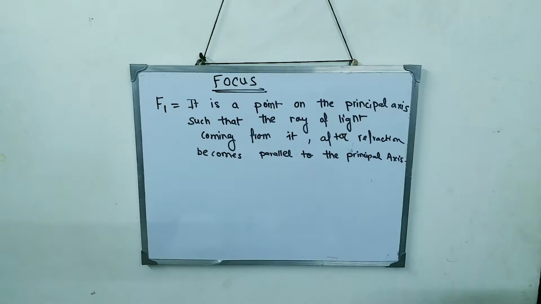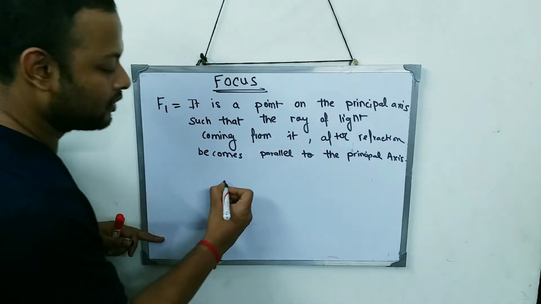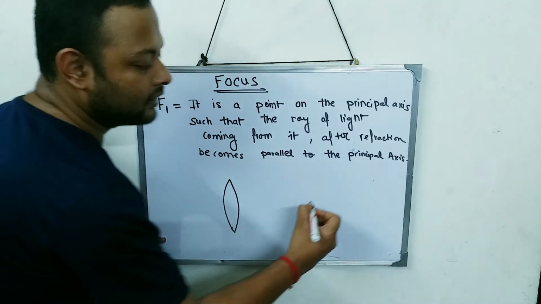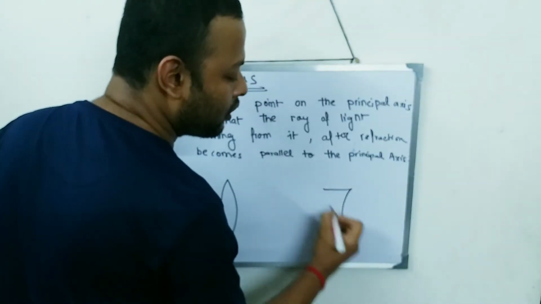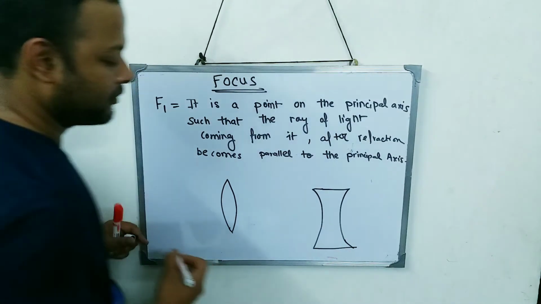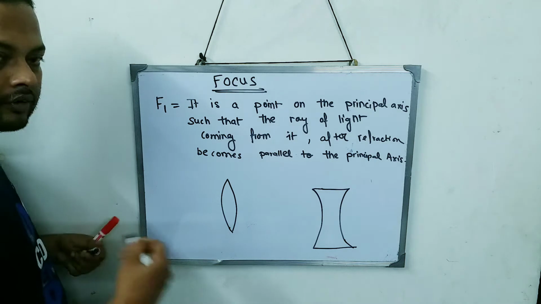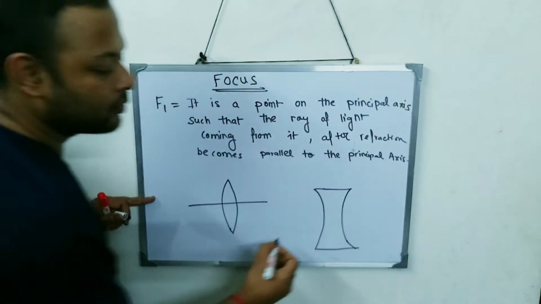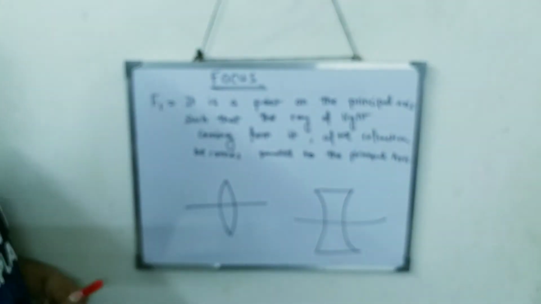Suppose we take a convex lens, and this side we take a concave lens. Now, the second thing is we will draw the principal axis.